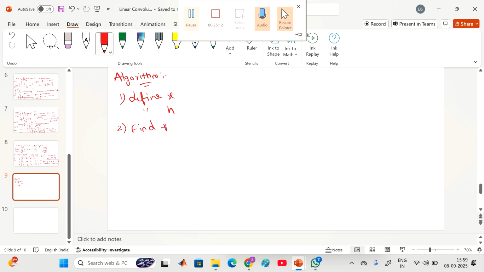Next one, find the n1 and n2. So here the hint I am writing is, length is a hint. Length is a command which directly finds out how many samples we have in the given input sequences.